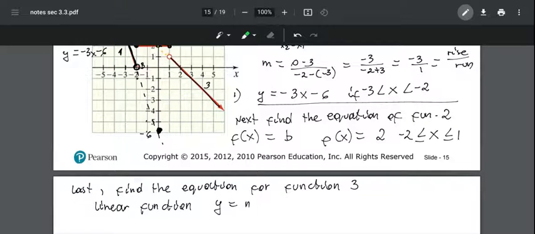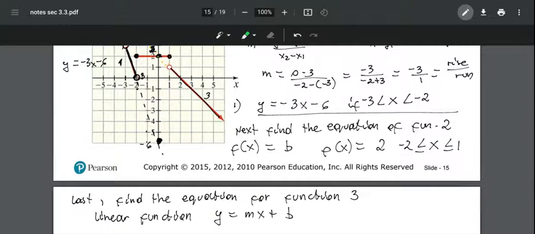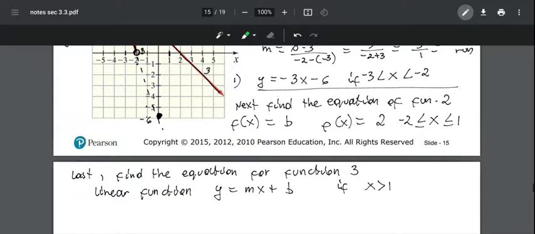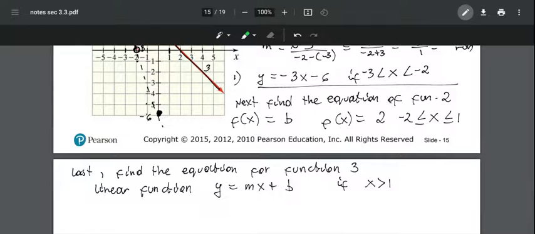y equals mx plus b. And our linear function will have a restricted domain, it will only work for x from 1 going all the way to positive infinity. So here it works only for x greater than 1. Okay, so for a linear function, we're going to find the slope using the slope formula.